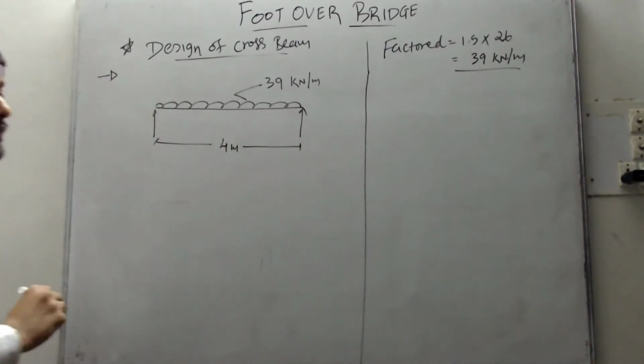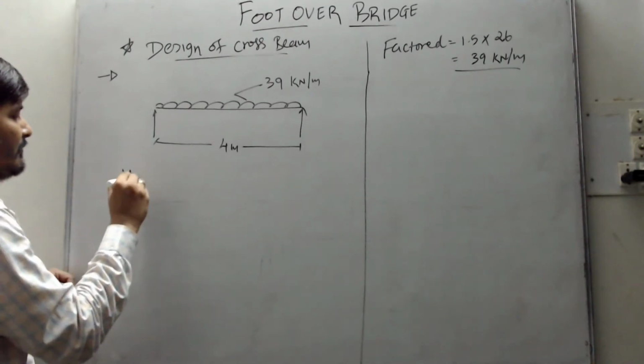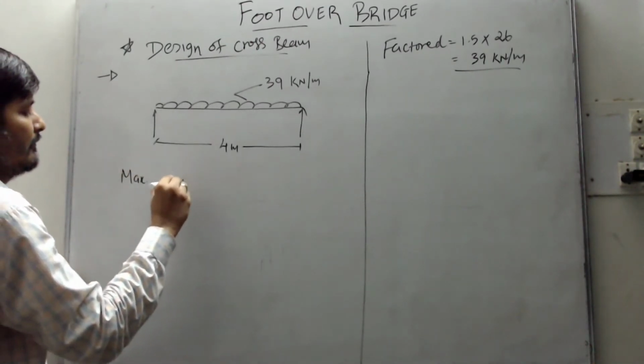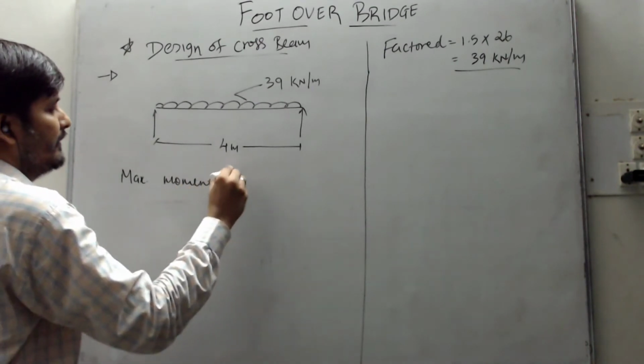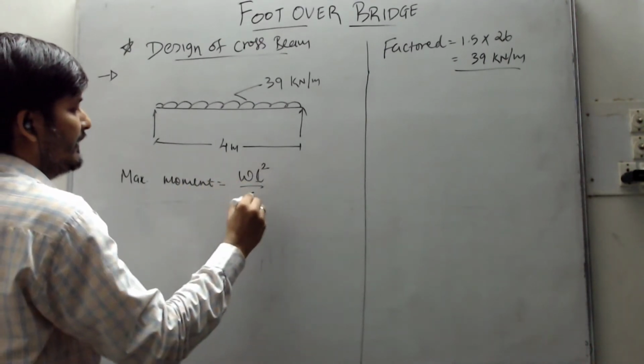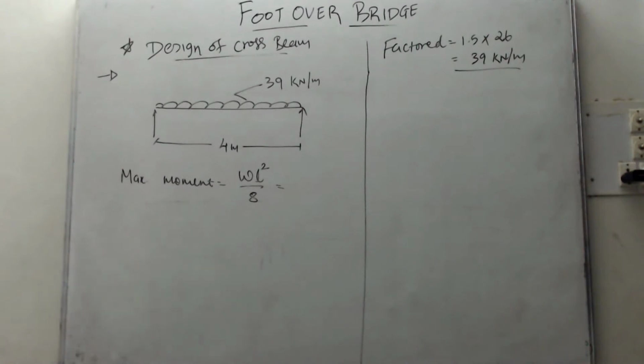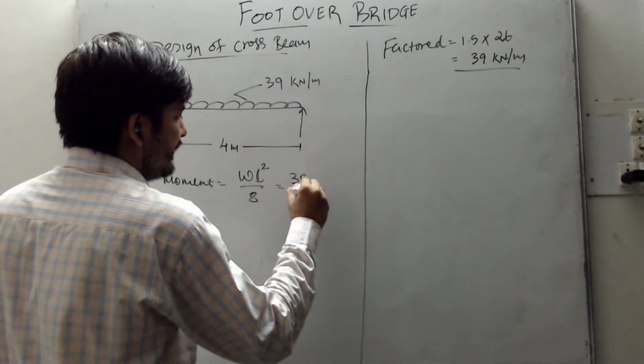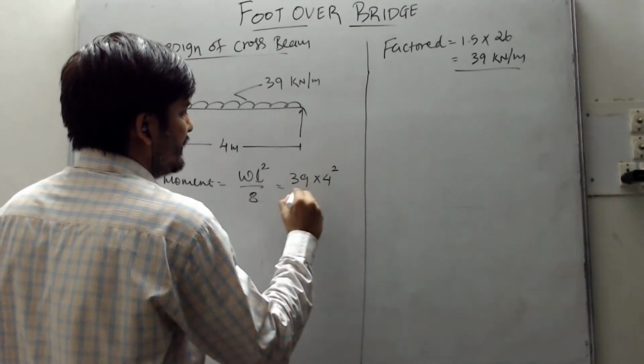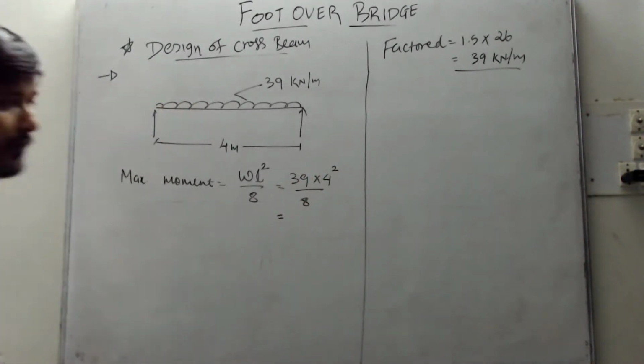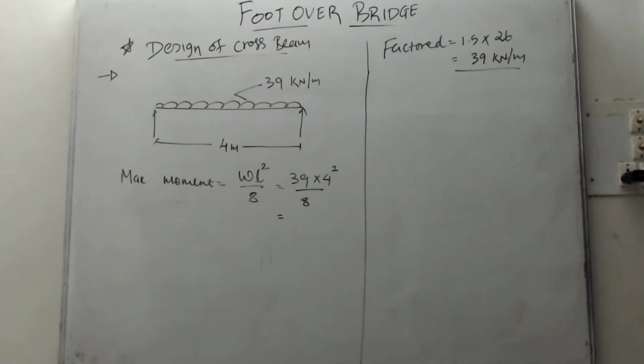So now I can easily calculate the maximum factored moment, right? Maximum factored moment will be WL square by 8 for simply supported beam. So W is 39, L is 4, 39 into 4 square divided by 8. So I can get my maximum moment value as 78 kilonewton meter.